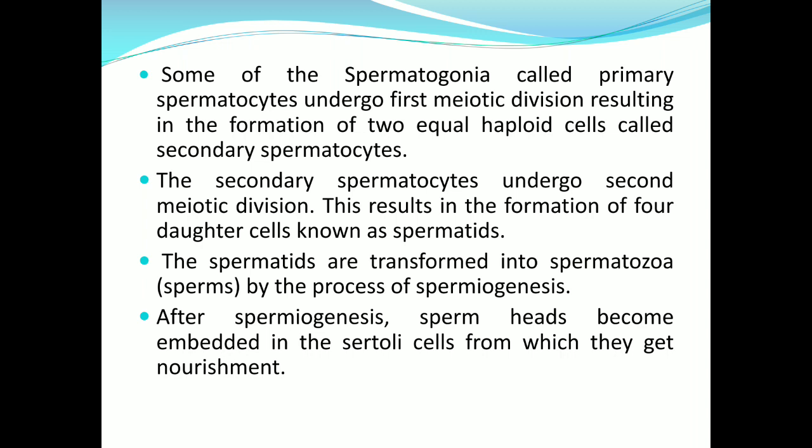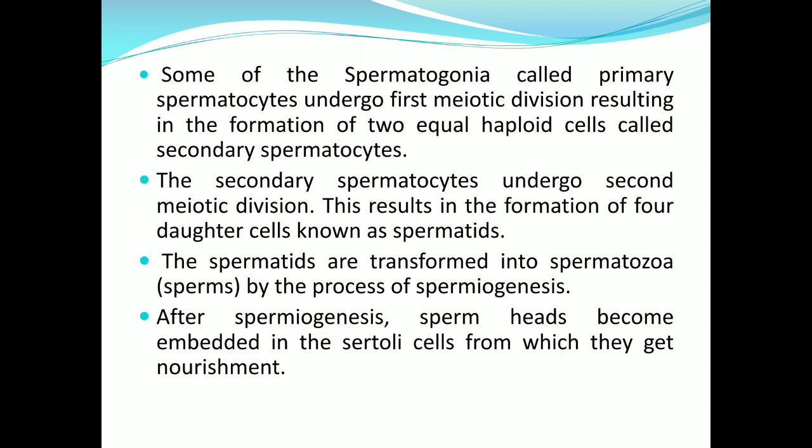This secondary spermatocyte again undergoes second meiotic division that leads to four daughter cells called spermatids. These spermatids undergo differentiation to form a spermatozoa or sperm by the process of spermiogenesis. So, what is spermiogenesis?